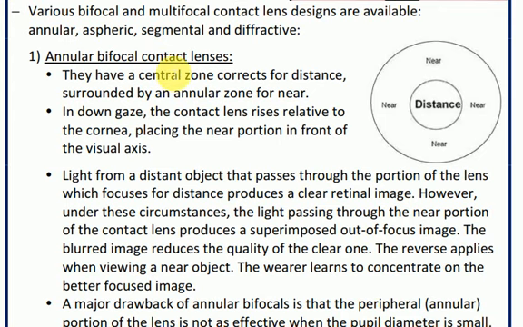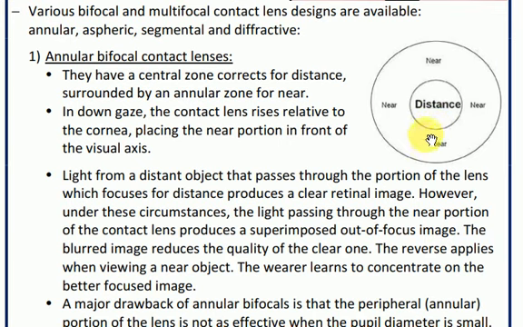Annular bifocal contact lens. This is the annular contact lens: a central zone for distance, surrounded by an annular zone for near. So in down gaze, the contact lens rises relative to the cornea, placing the near portion in front of the visual axis.